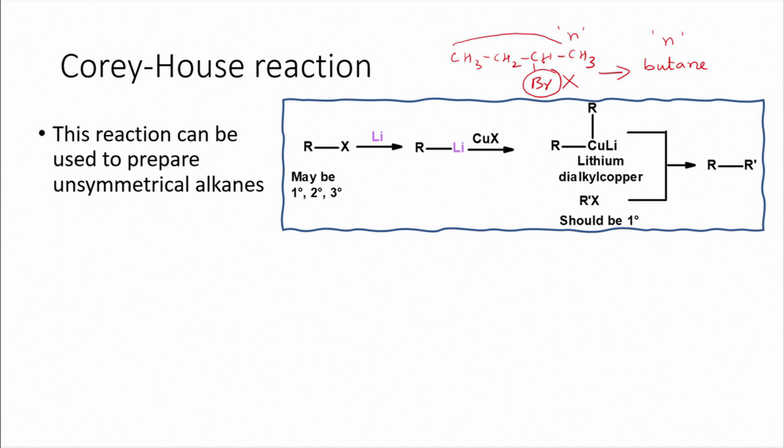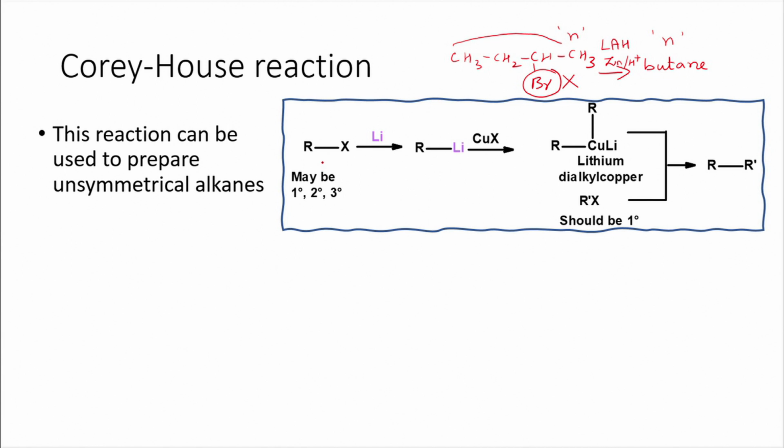This is one of the limitations of the previous methods like lithium aluminum hydride reduction or zinc and acid reduction. Many of these methods end up with only the n number of carbon atoms from which we started. But the Corey-House reaction actually adds additional carbons.